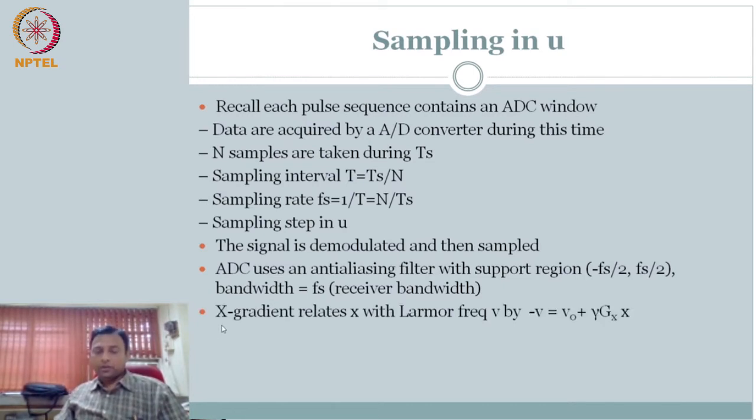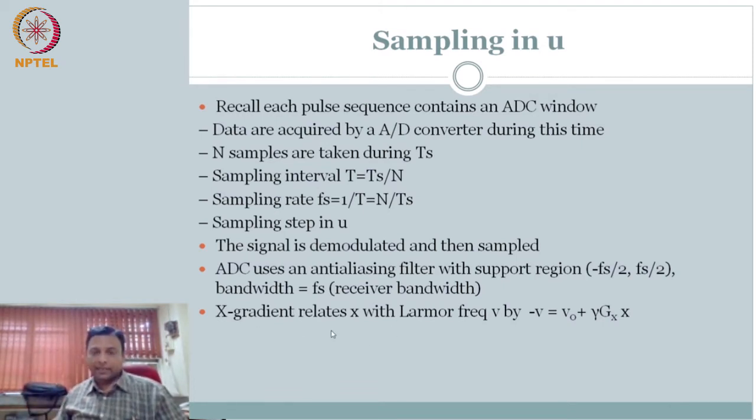So your readout X gradient relates to this frequency domain. What we want to understand is what happens to your spatial domain because of the sampling in the frequency domain. The data is acquired as samples in the frequency domain. What is its effect on the delta X in the spatial domain? You can relate the frequency to space because of this gradient.